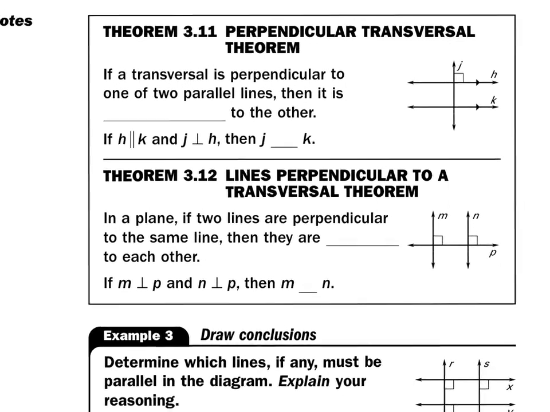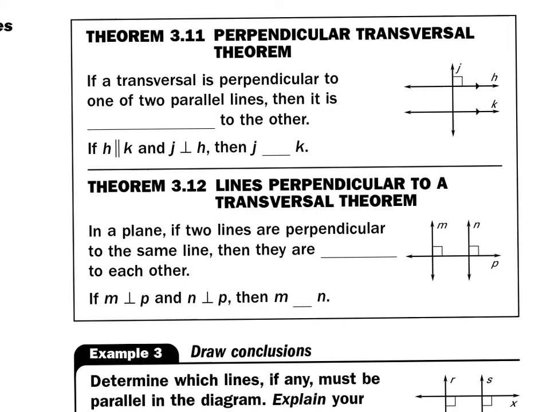Now, perpendicular transversals. If a transversal, and remember a transversal is a line that cuts through 2 other lines, is perpendicular to one of 2 parallel lines, then it's also perpendicular to the other.